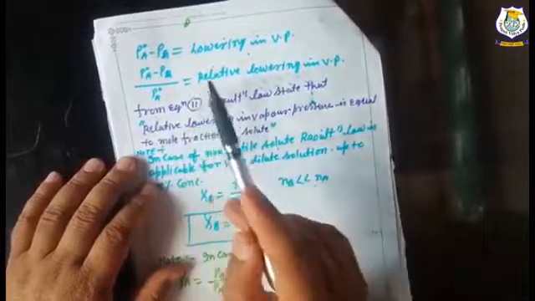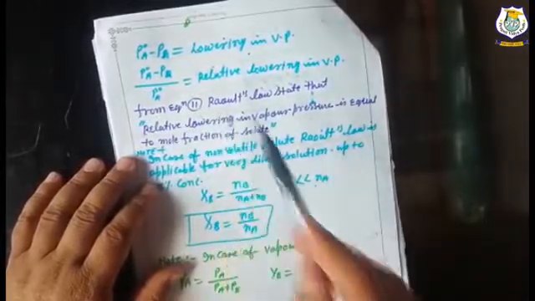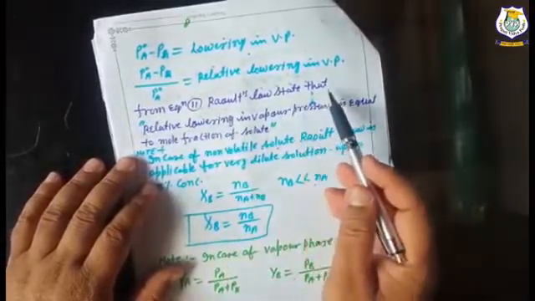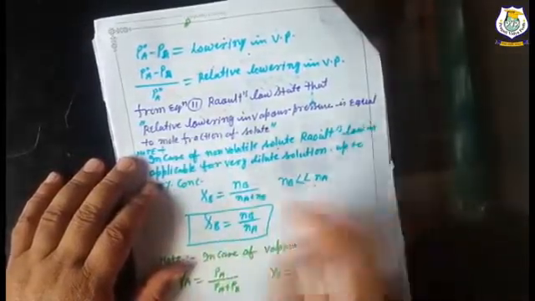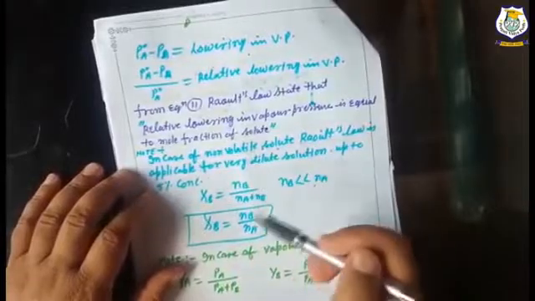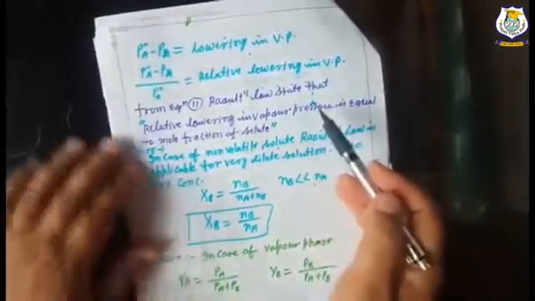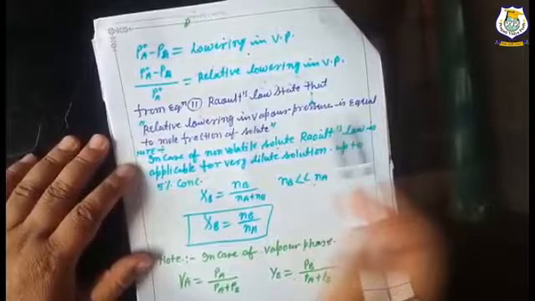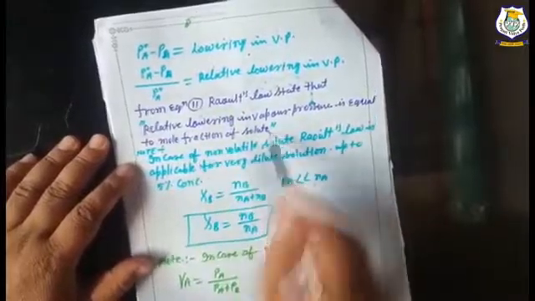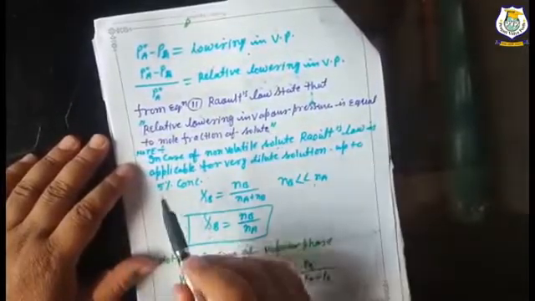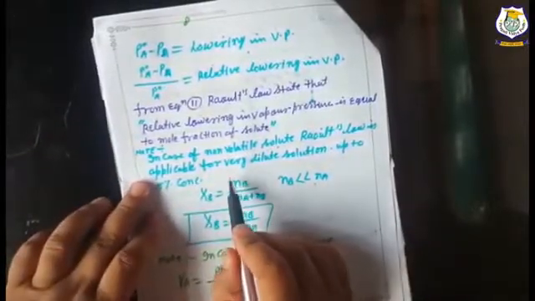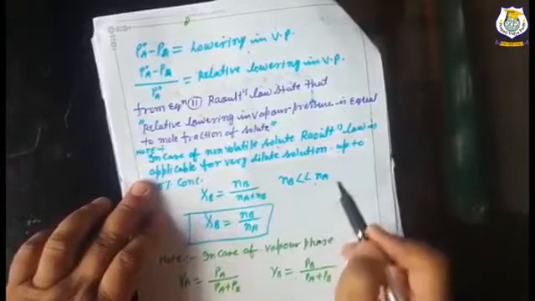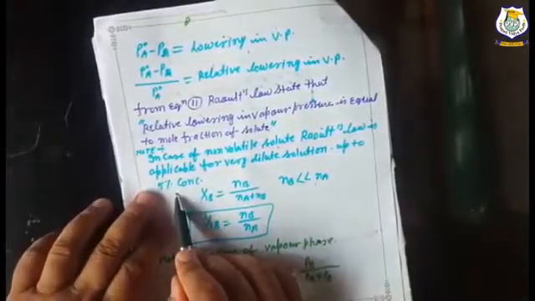From equation second, Raoult's law states that the relative lowering of vapor pressure is equal to the mole fraction of the solute. In the case of a non-volatile solute, Raoult's law is applicable only for very dilute solutions, up to 5% concentration.